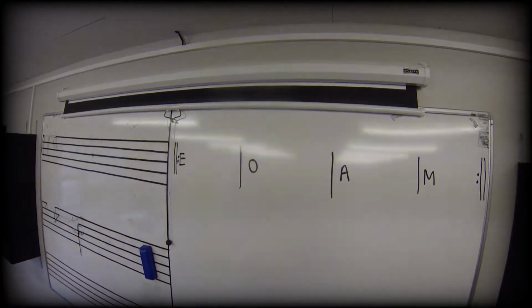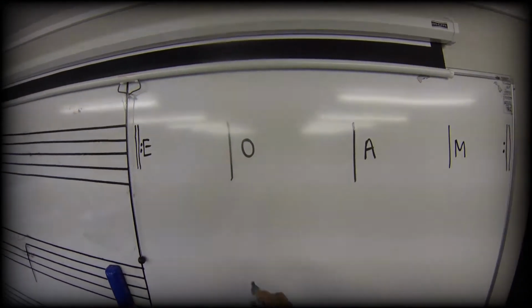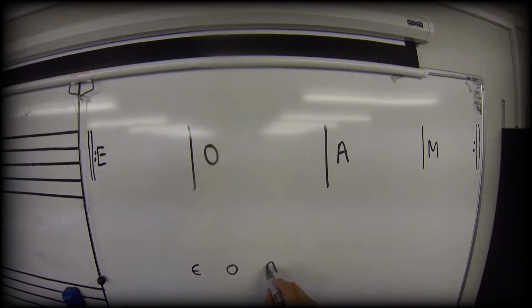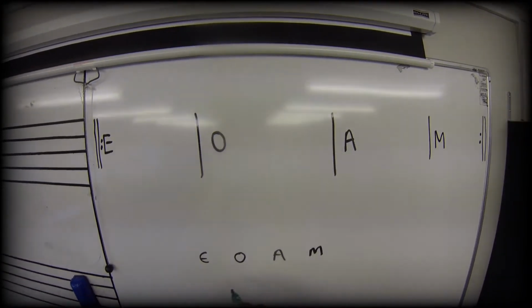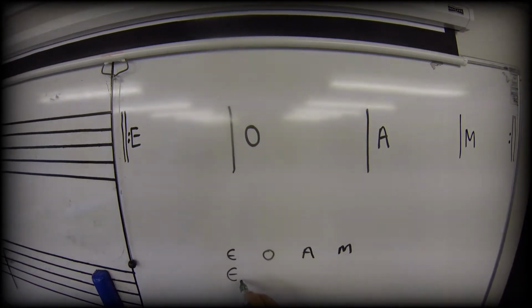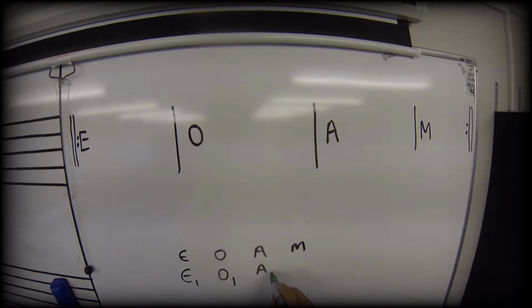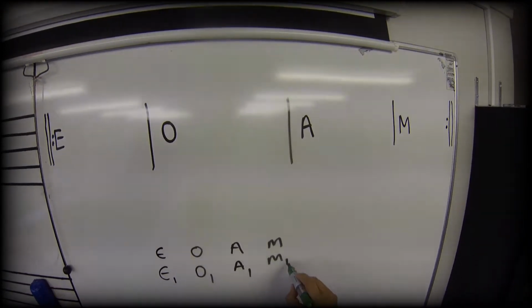So basically I've set up a structure that works like this: bar E, bar O, bar A, bar M, bar E1, bar O1, bar A1, bar M1.